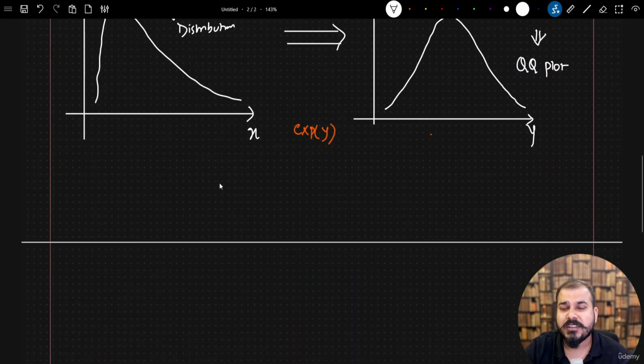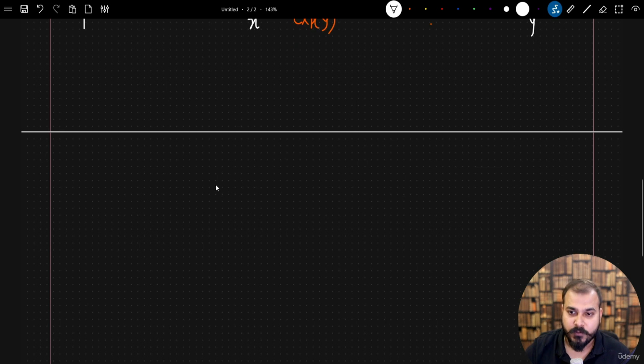Now let me talk about some examples which definitely follow a log normal distribution. Number one, the wealth distribution of the world.